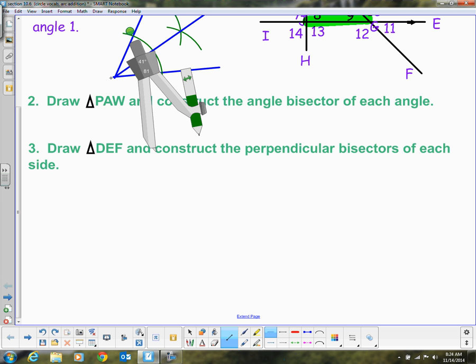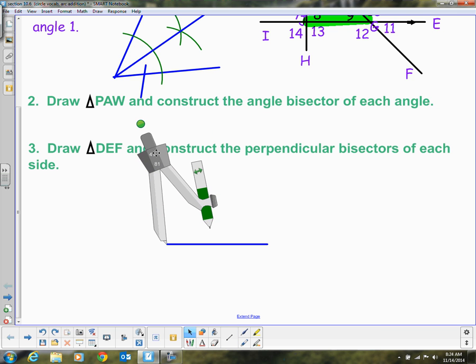Yes, you draw your own. It just says draw a triangle. I will look at it in a minute. All right.